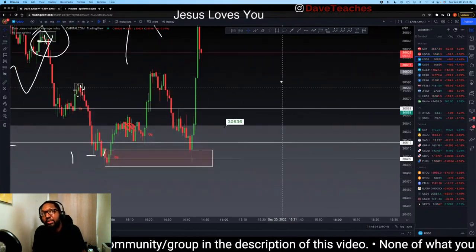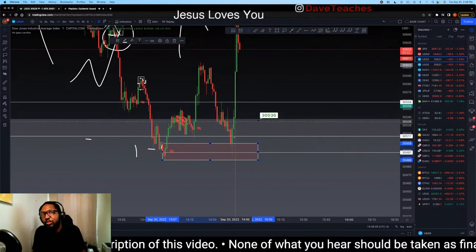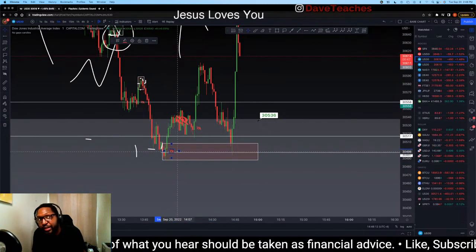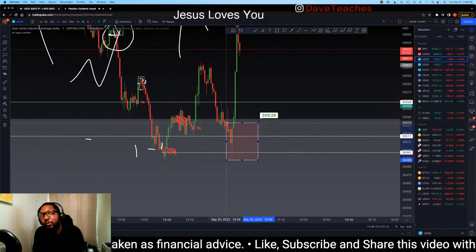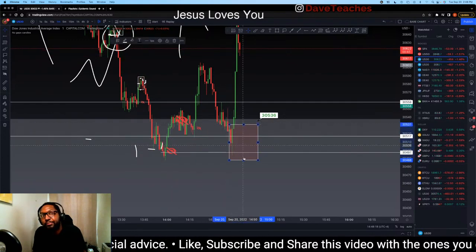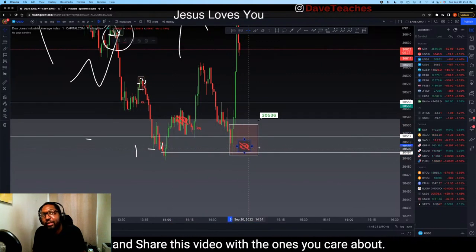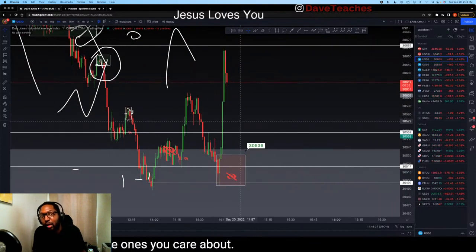Wow, this is amazing. But see what I mentioned about these areas? See what I talked about, how these can turn into longer moves? And look at what this is. You see what we tapped into here? A hidden S&D, right? But look at what was just created. I told you these are used to facilitate pushing price up.